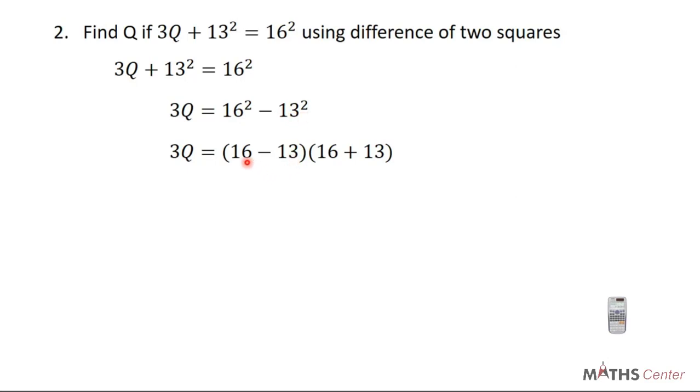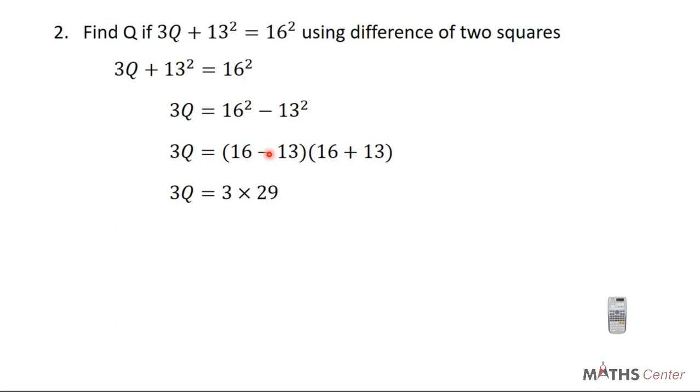If you are expanding it, you are going to have 16 minus 13 in one bracket, then 16 plus 13 in another bracket. So the first term minus the second term in one bracket, then the first term plus the second term in another bracket. So 3q is going to be 16 minus 13, which gives us 3, and 16 plus 13, which gives us 29.